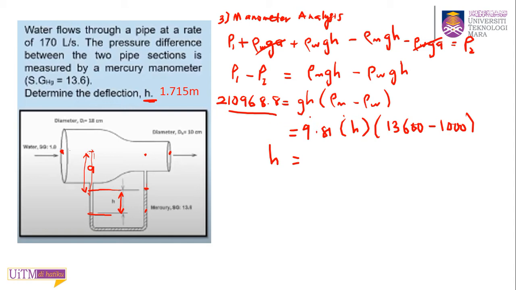So divide, bring to the other side and divide, and you get your H. Berapa? Dapat tak 1.715? Anyone get 1.715?